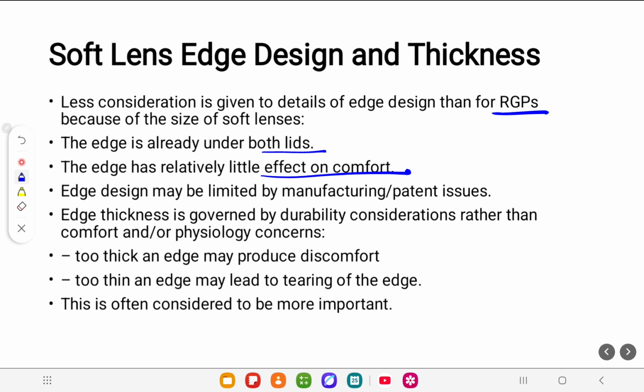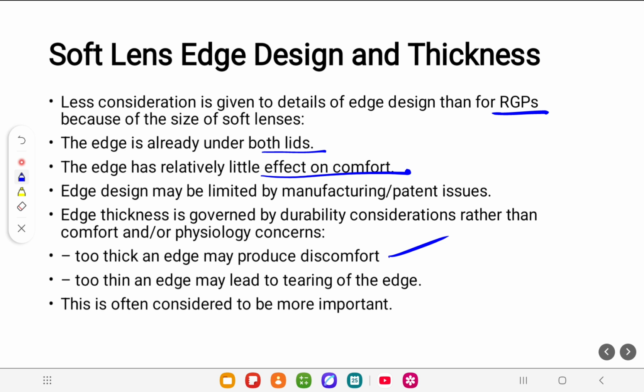So edge design may be limited by manufacturing issues, and edge thickness definitely. The thicker the edge, the more the discomfort. Too thin, it will again create discomfort, and lead to tearing of the lenses whenever we handle it. Okay, so this is often considered to be more important.